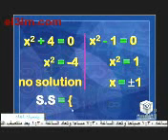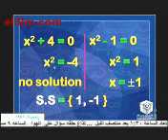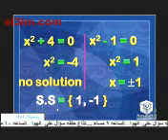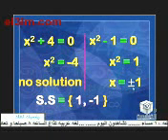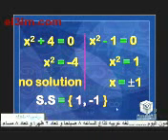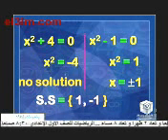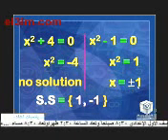So the solution set is {1, -1}. If we get 2 solutions from here and none from the other part, since x² = -4 has no solution, then only these 2 solutions are possible for the whole question.